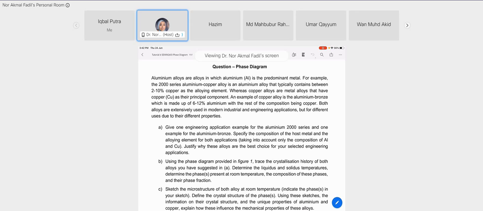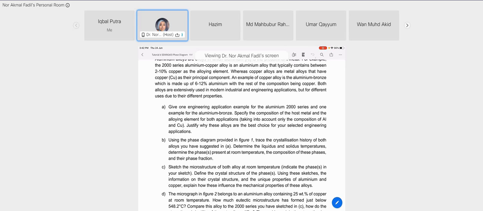An example of copper alloy is the aluminum bronze, which is made of 6 until 12% aluminum, with the rest of composition being copper. Both alloys are extensively used in modern industrial, engineering application, but for different uses due to their different properties.